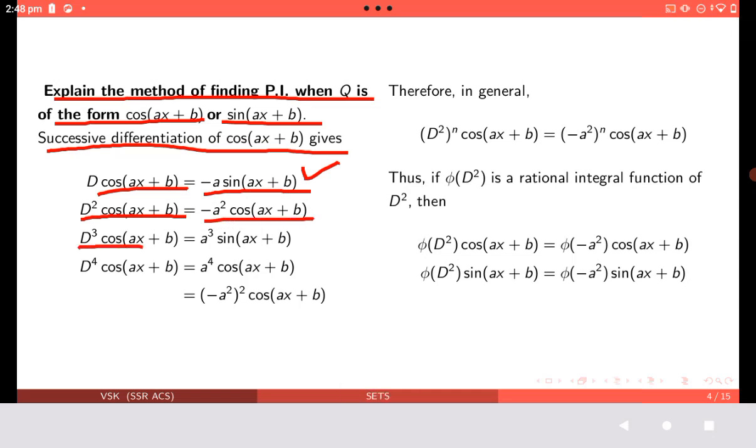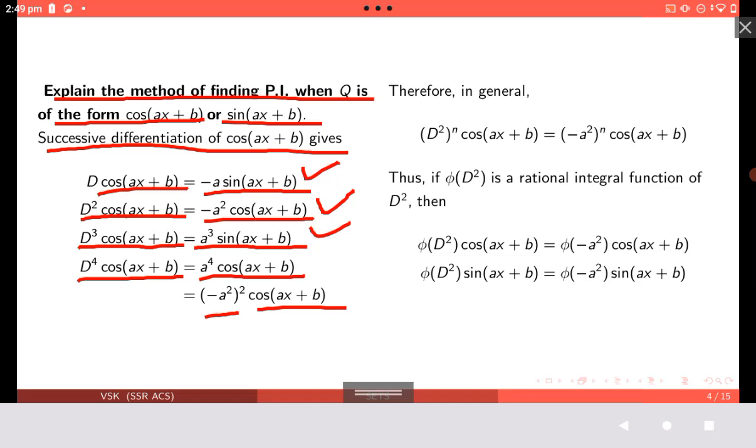Similarly, when we find the third derivative of cos(ax + b), that is the derivative of this with respect to x, we get a cubed sin(ax + b), because the derivative of cos x is minus sin x. Similarly, when we find the fourth derivative of cos(ax + b), we get a to the power 4 cos(ax + b), and this can be written as (minus a squared) squared cos(ax + b).